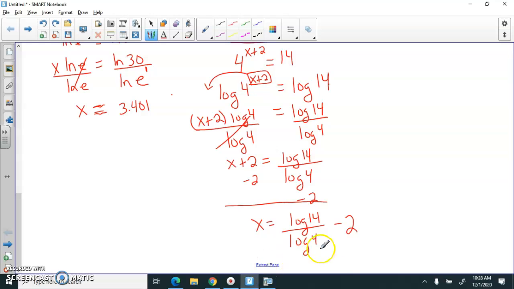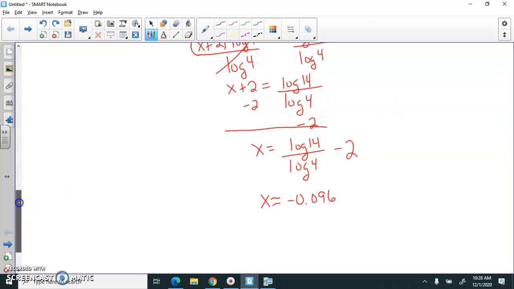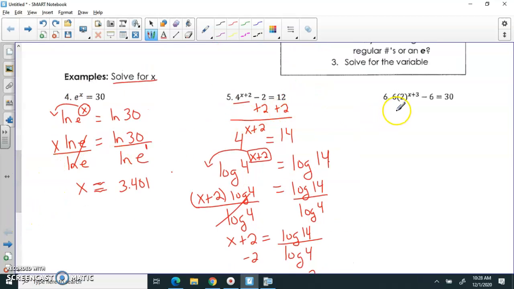So if we go back over here, x is approximately negative 0.096. Okay? So you want to wait until the end to round, because if you round and then you round again, you actually don't have the correct answer. You have a more rounded answer.